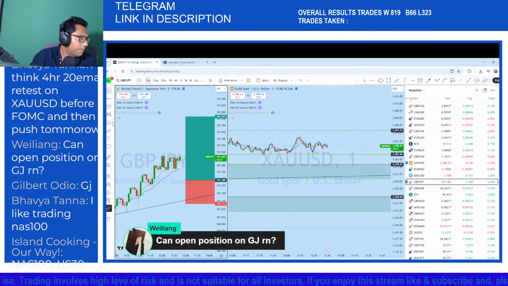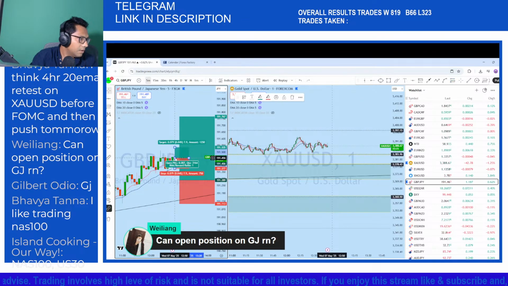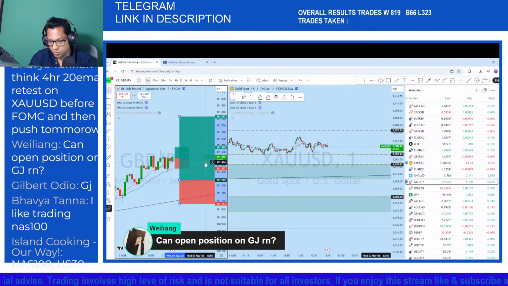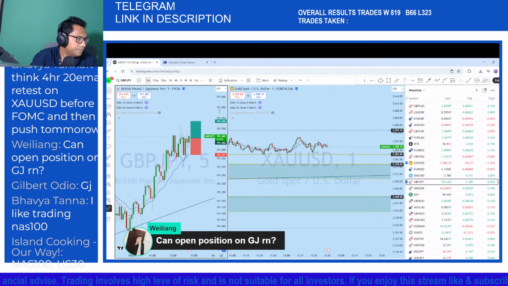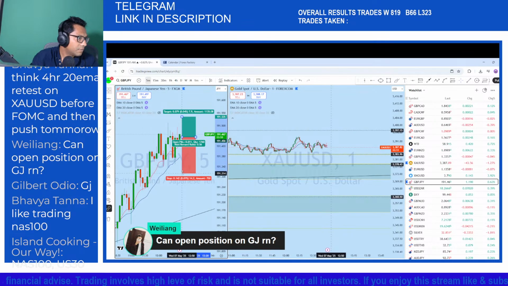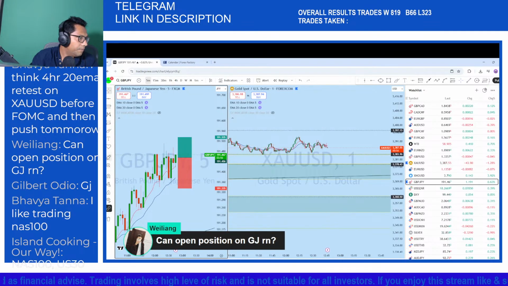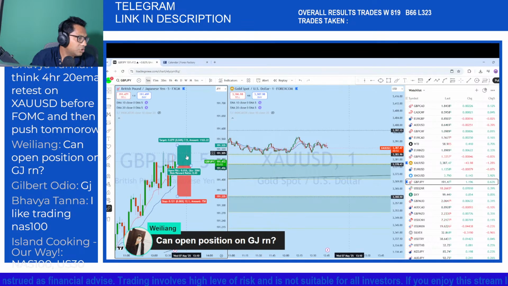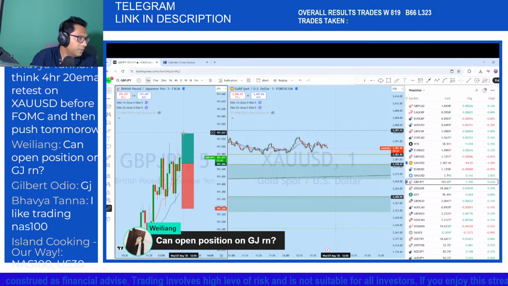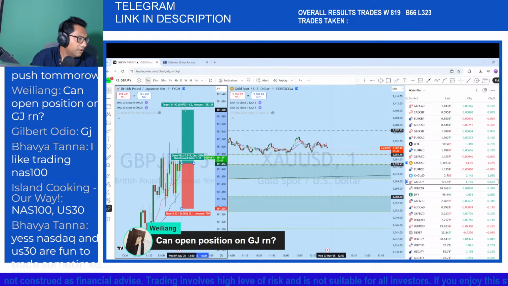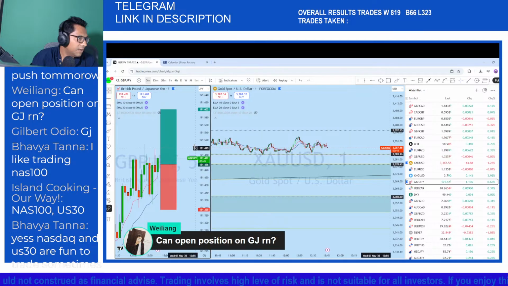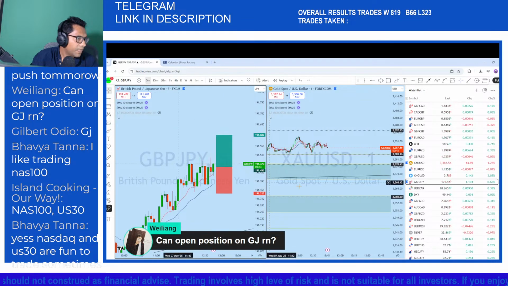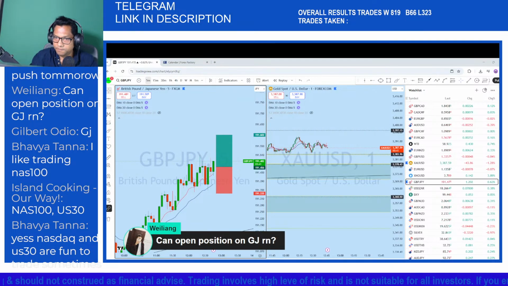We can look for a buy here. We can add another position from the 5 minute with a 12 pip stop loss. We will not be holding long here, as it is a lower time frame trade. GBP JPY.